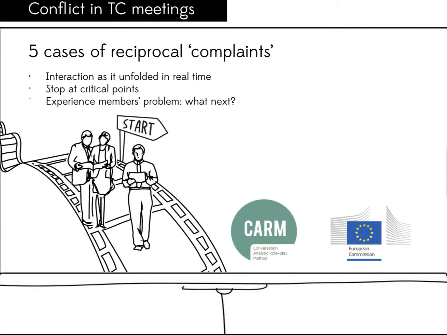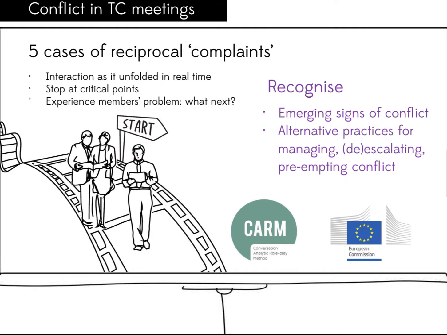Then I will play the rest of the clip, and we will be able to compare our solutions to what the people in the recordings did in those real-life examples. So, to reiterate, our goals are to spot signs of emerging conflict and reflect on alternative ways of managing, de-escalating, or sometimes preventing a conflict altogether.